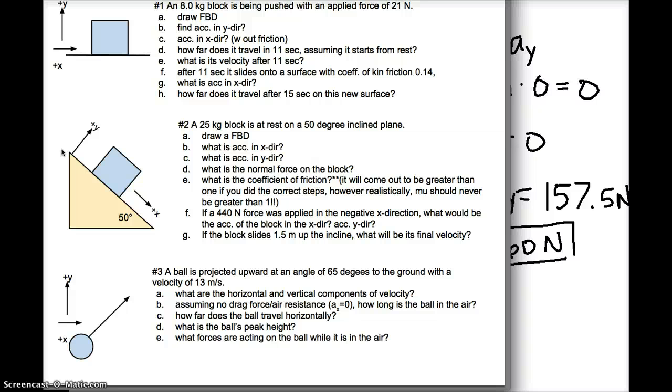To put things in perspective, an average adult is probably between 60 to 80 kilograms, so 25 is like a small child. A 50-kilogram block would not be able to sit at rest on a 50-degree incline unless there was something pulling it, so not just due to friction is what that means.